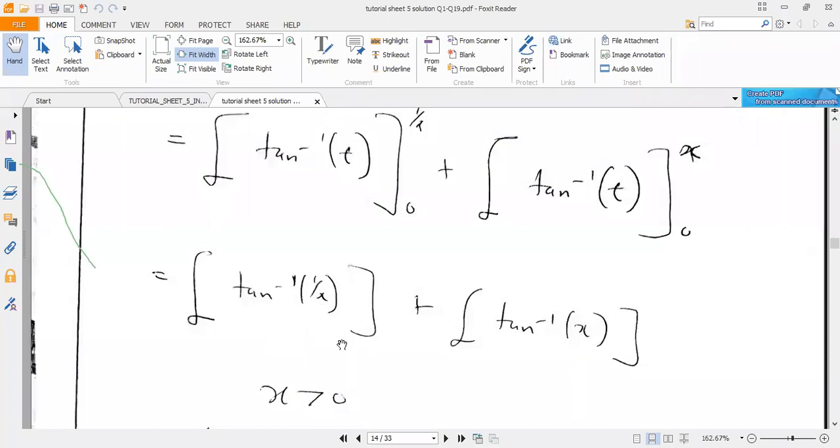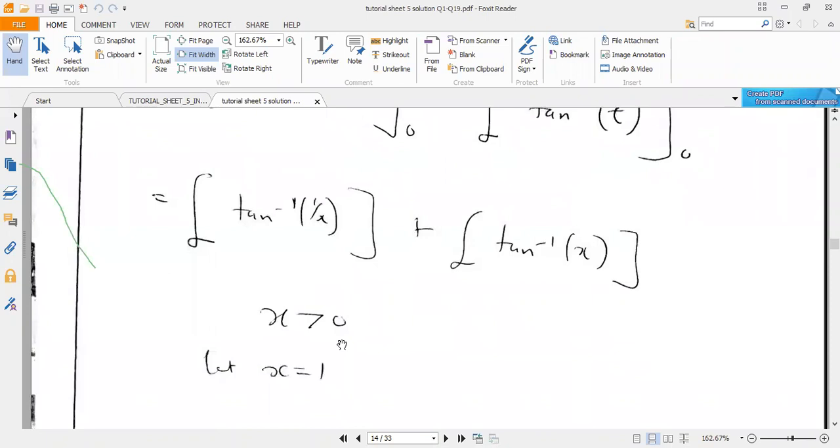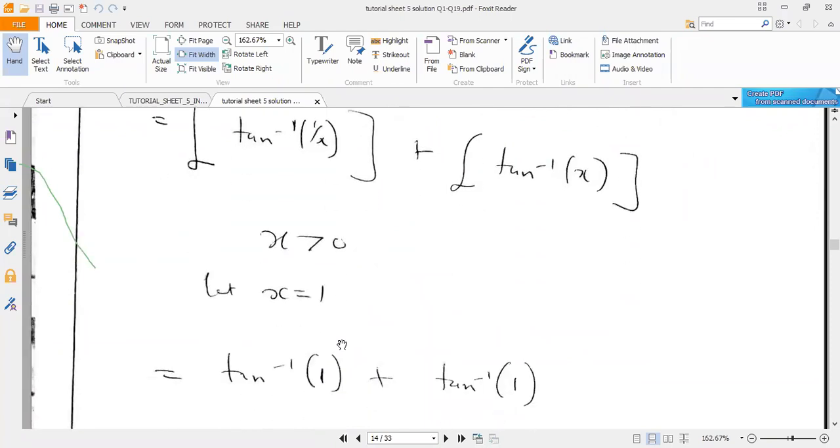So now we want to pick a constant that will be easier for us to find. Looking at 1 over x and x, we could think of picking 1. Let x be 1, because we already know, using those trig values we learned last time, that tan inverse of 1 is 45 degrees.